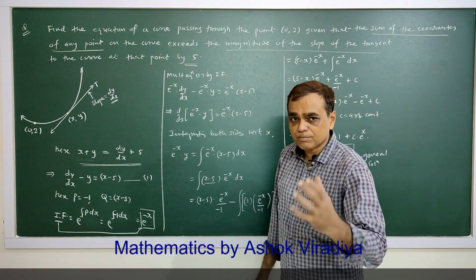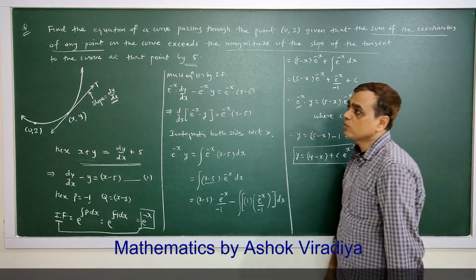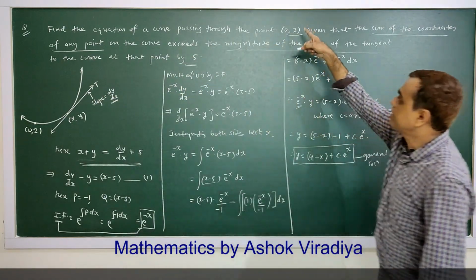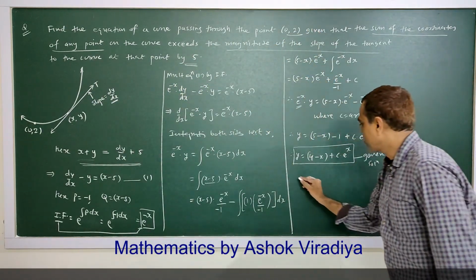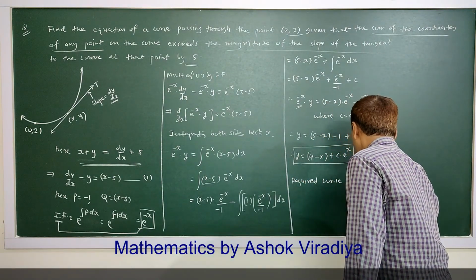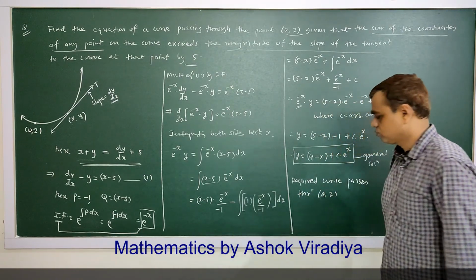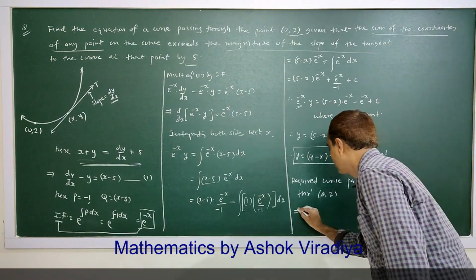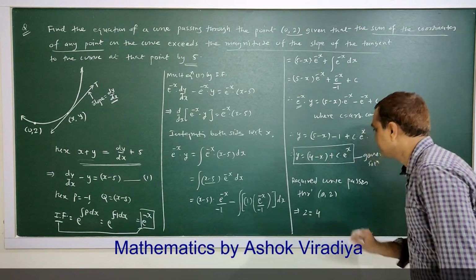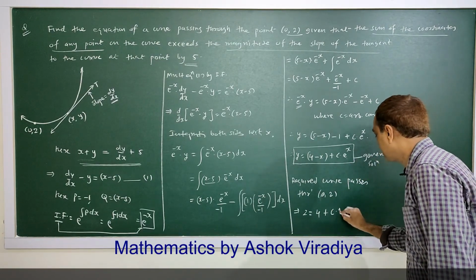But we are asked for a particular member from this family, and for that the condition is given that the required curve is passing through 0, 2. This is the particular condition. So required curve passes through 0, 2, so using this value, putting here y equal to 2, x 0, so 4 minus 0 is 4, plus c into e raised to 0 is 1.